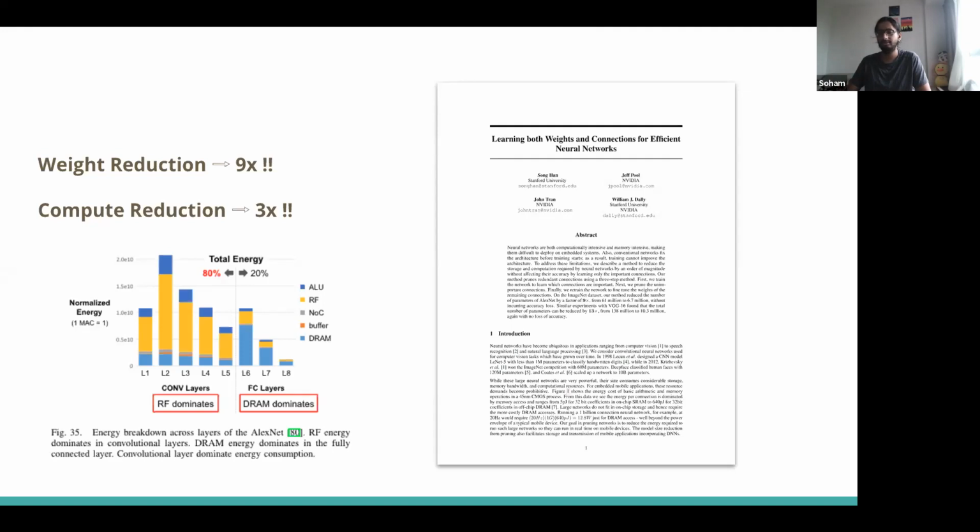And personally, in my work, I've used pruning for classifying images captured by neuromorphic cameras. It's a very common algorithm right now, and people use pruning very frequently for their applications.